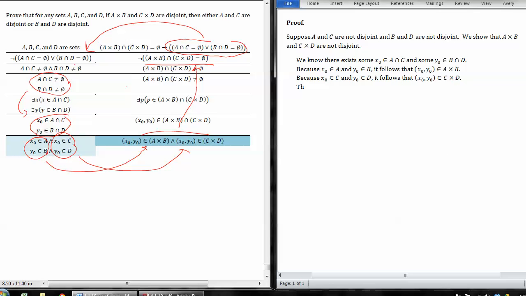So we should say, therefore, based on the previous two lines, x naught, y naught is in A times B and in C times D. So this intersection is not empty, therefore those sets are not disjoint. Just to remind our reader that's where we're headed. So A times B and C times D are in fact not disjoint. And that does it.